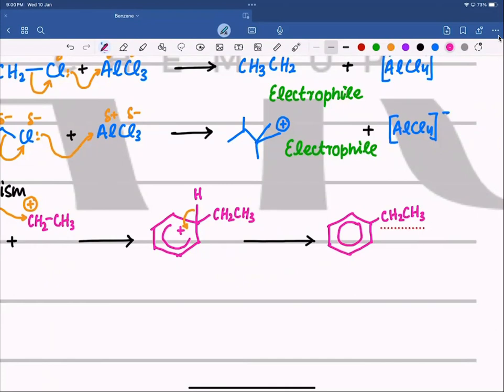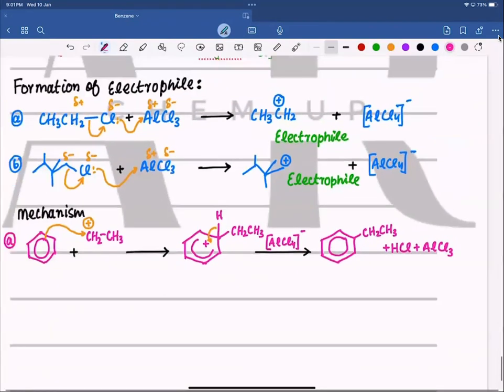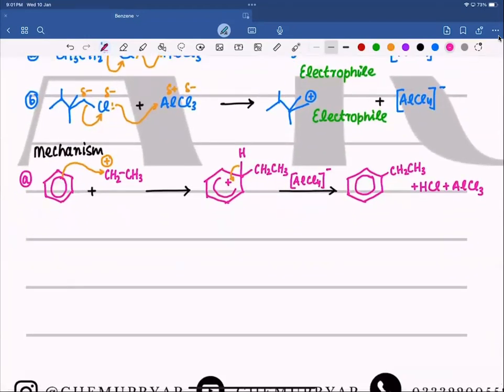But at this stage, the negative ion that was formed along with the electrophile is also there. So the hydrogen ion that is released interacts with AlCl4 negative, and as a result that AlCl4 negative releases the chloride ion bonded to it, and that chloride ion bonds with the hydrogen to form HCl, and the catalyst AlCl3 is restored. Is this clear?